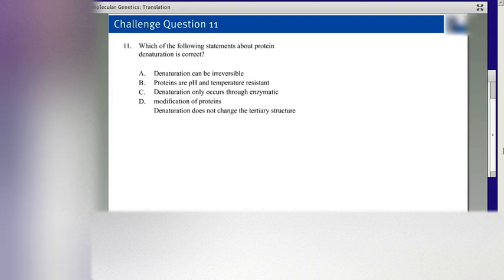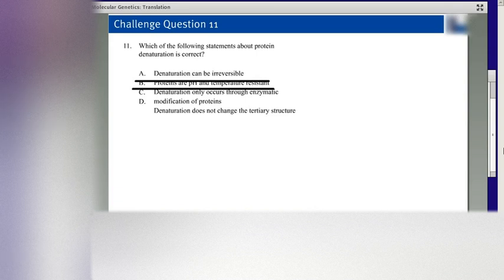No, which is why they have certain environments they like to be in, right? If proteins were temperature resistant, it wouldn't be dangerous for us to have fevers. Having really high fevers like 105, doctors start to worry about your proteins denaturing. All right, denaturation only occurs through enzymatic modification. That's extreme, absolutely. Get rid of that one.